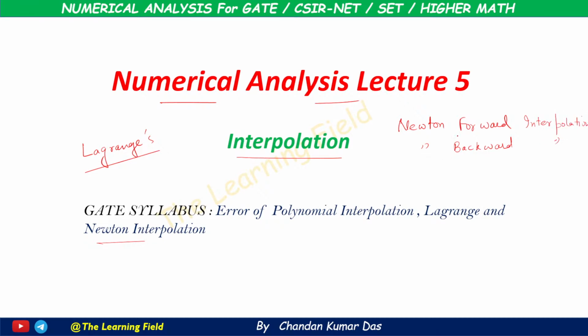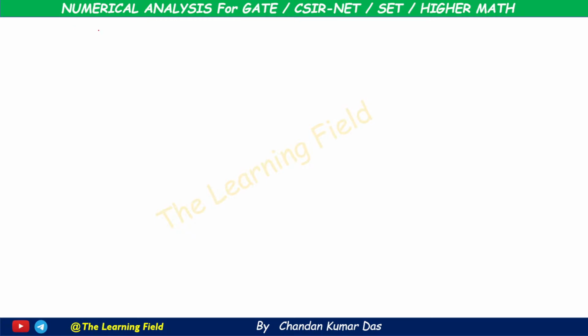Now, when do we use forward interpolation and when do we use backward interpolation? See, suppose some data table is given, where the xi values are given and f of xi at those points are given. Suppose these are x0, x1 and so on up to xn, and the values are given as f of x0, f of x1 and so on up to f of xn.